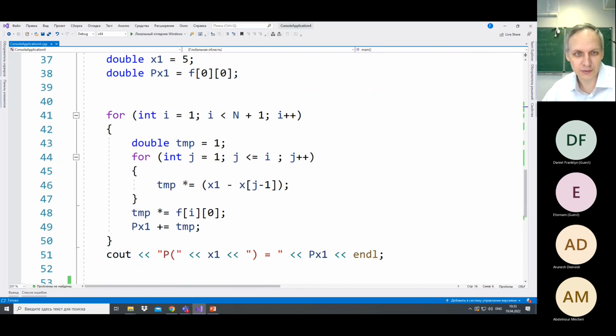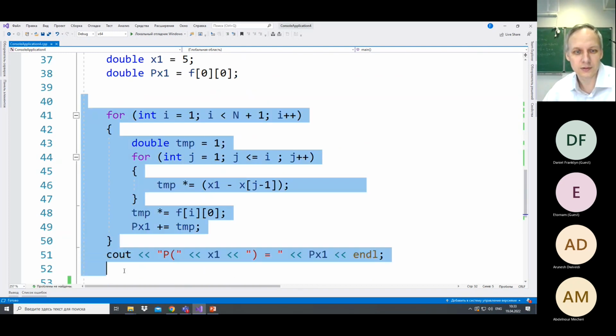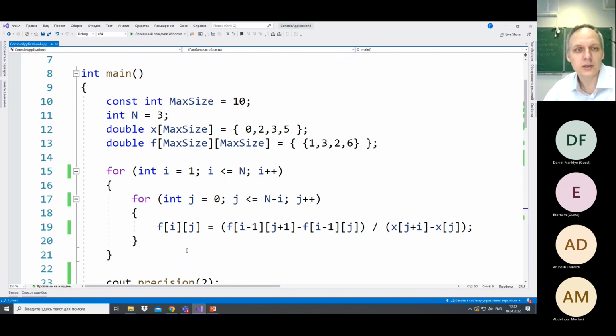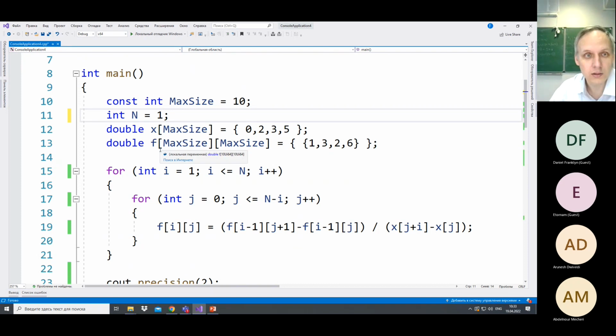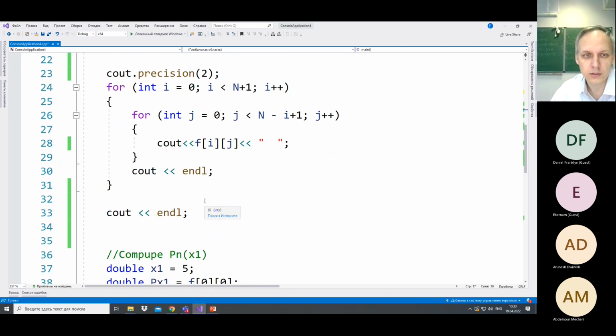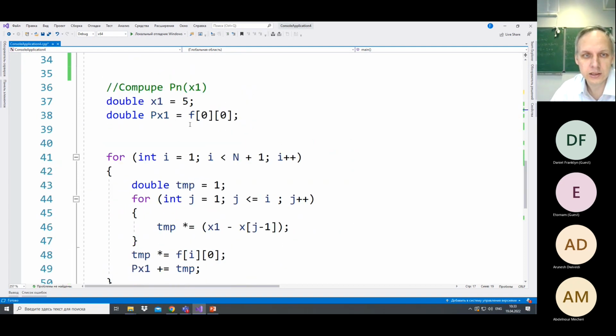This loop computes the value of the function. Let's check. Let's assign the degree of the polynomial N equals 1, and let's compute this value at the point 1.